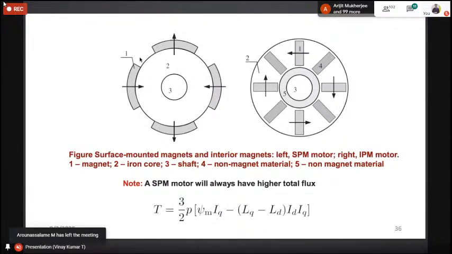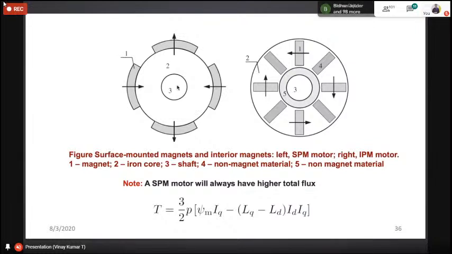Air permeability and permanent magnet permeability are both the same, right? Once again I will repeat, please try to understand: permanent magnet permeability and air permeability have the same value.